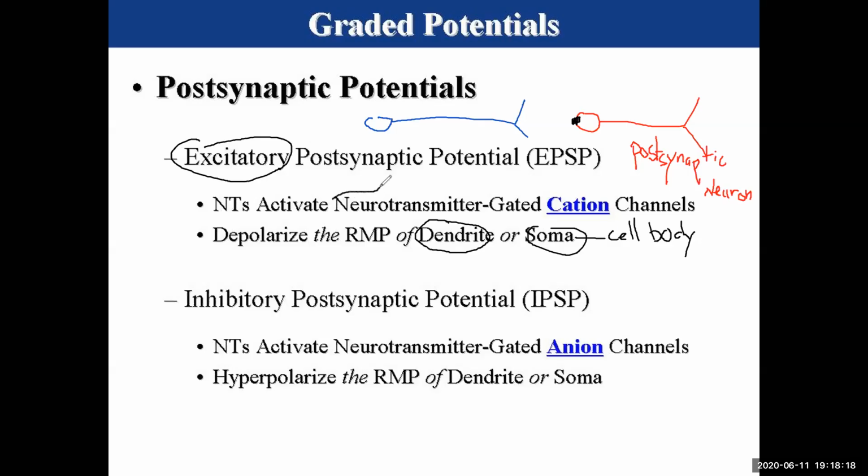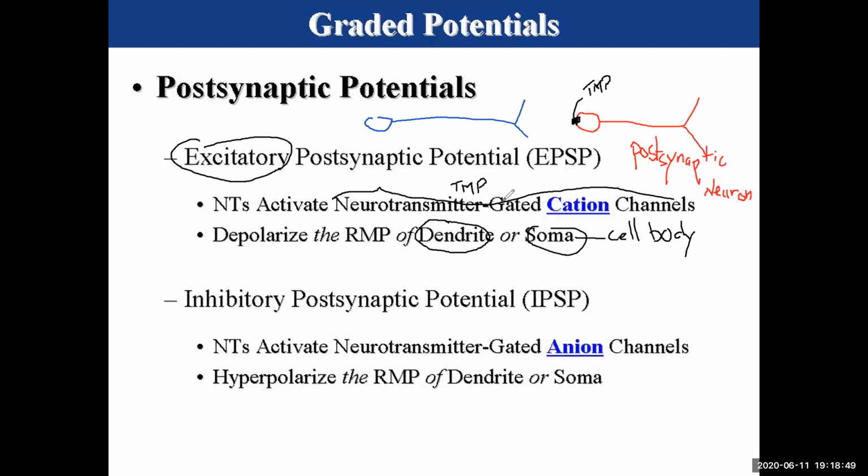These are transmembrane proteins, TMP. This here, that's a TMP, transmembrane protein, that is called a neurotransmitter gated, ligand gated, or chemical gated cation channel.